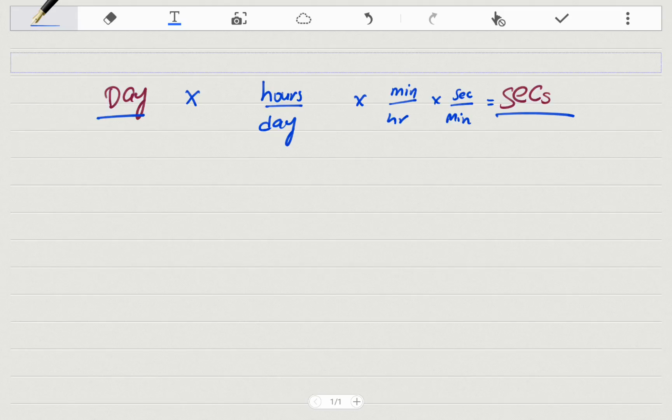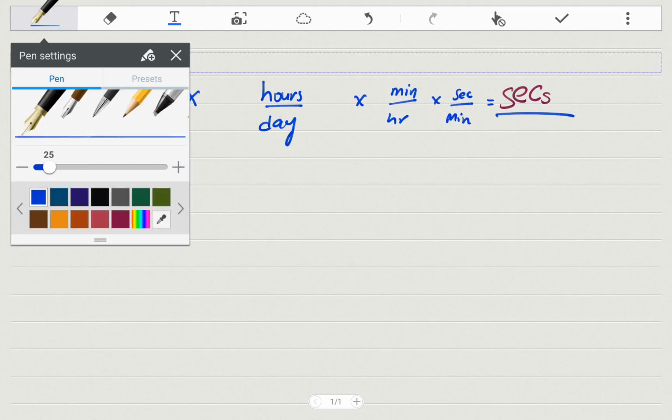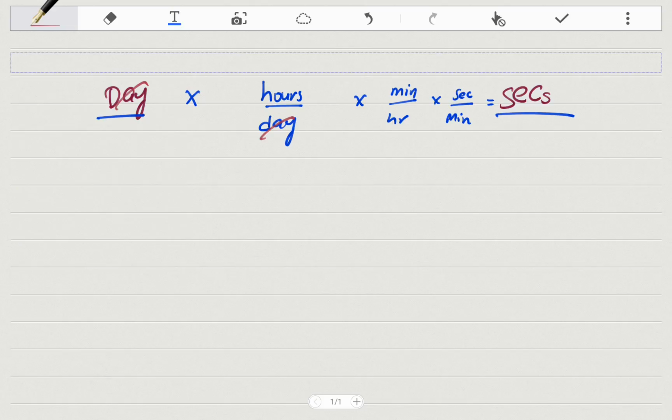Thus, what you do mentally is you get rid of this day with this day, this hour with this hour, minute with this minute, and all you have remaining is second on this side and second on this side. That's your mental process. Now, how exactly does this work?